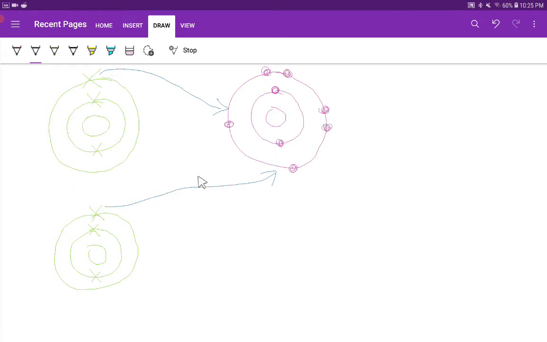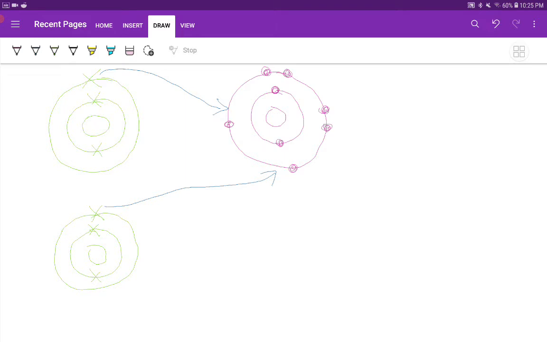So in total, if you were doing this in a test or in an activity, in total you have 1, 2, 3 atoms. That means that when you are drawing your structures, you need to have 3 ions as well. Each atom must form its own corresponding ion.